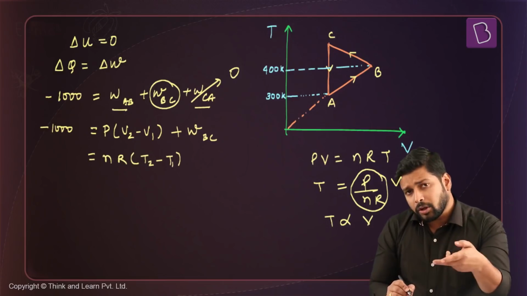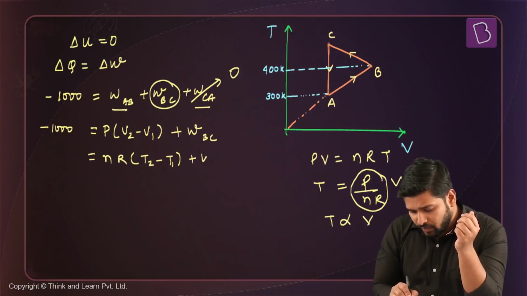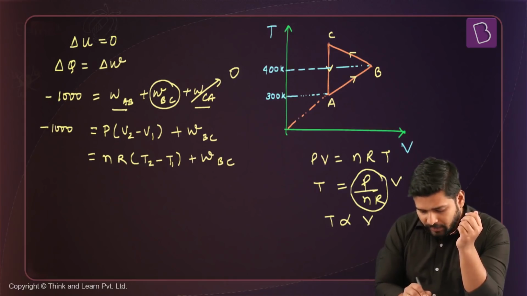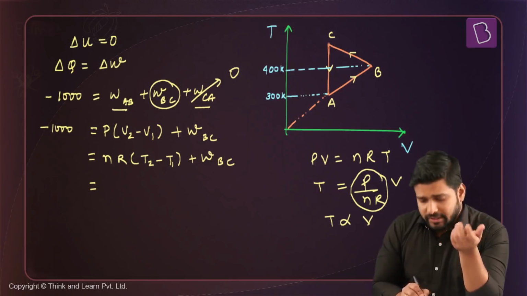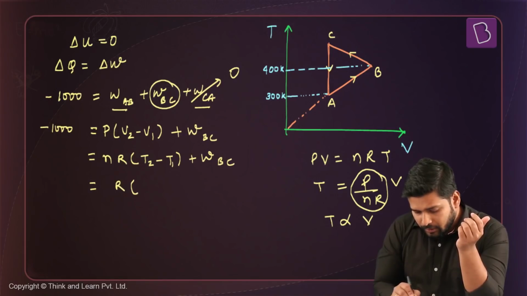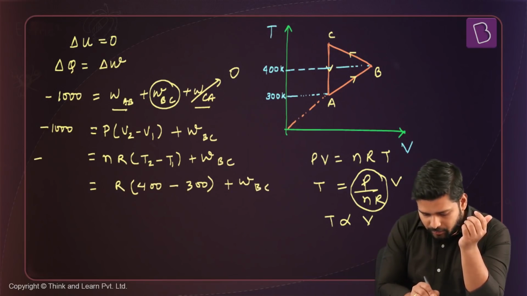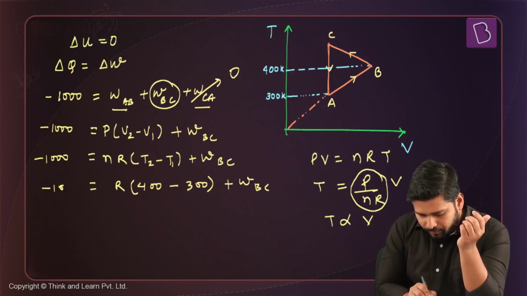And interestingly, both these values are given in the question, plus work done during BC. The number of moles is given to us as 1, so I will just substitute 1, and then we are left with R into (T2 is 400, T1 is 300) plus work done during BC. This is equal to minus 1000.